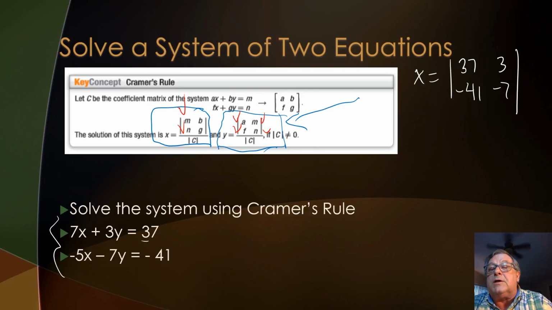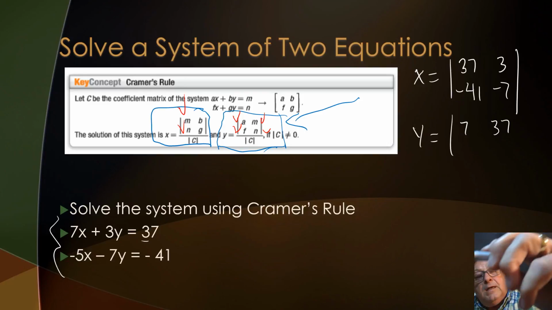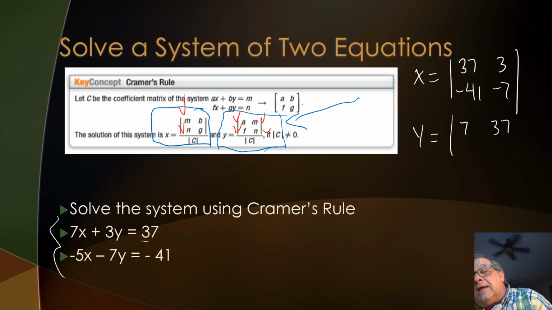That's our matrix to help us find x. The y variable will be built this way. We would say the value of the x coefficient and then the constant. Notice how that swaps from finding the x. And then negative 5, negative 41.